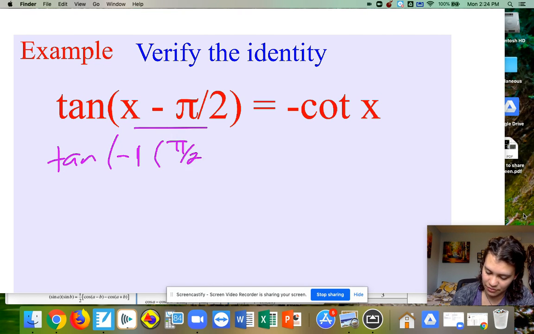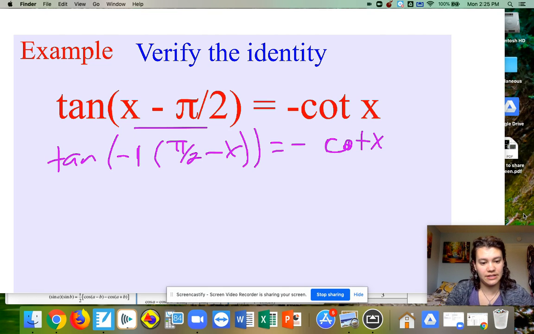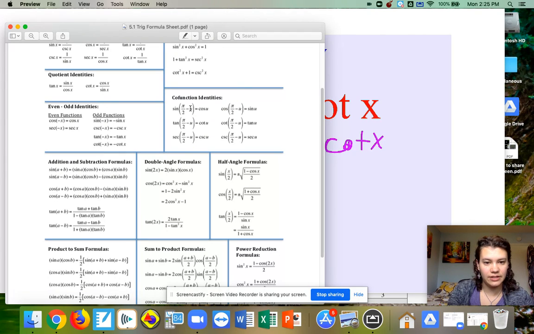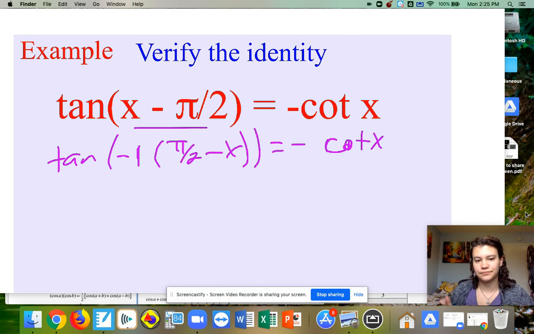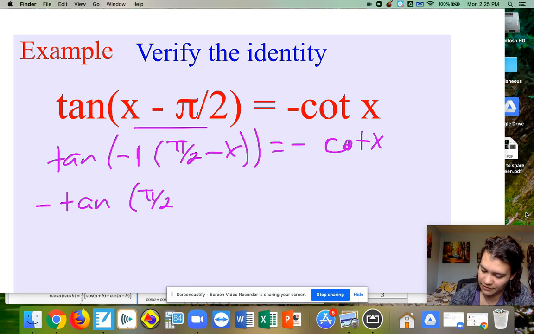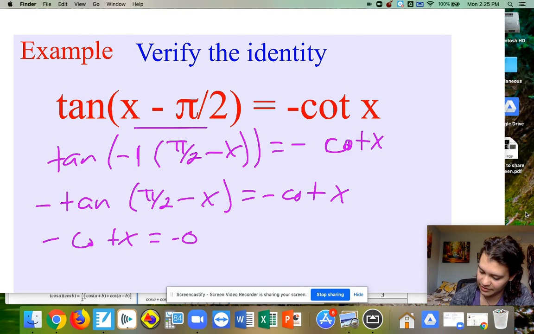We'll get pi over 2 minus x equals negative cotangent of x. So then if we go back to the sheet and look at these even odd ones, the negative comes outside. So you get negative tangent of pi over 2 minus x. Look at your cofunction, and this will become negative cotangent of x equals negative cotangent of x. And you've verified your identity.